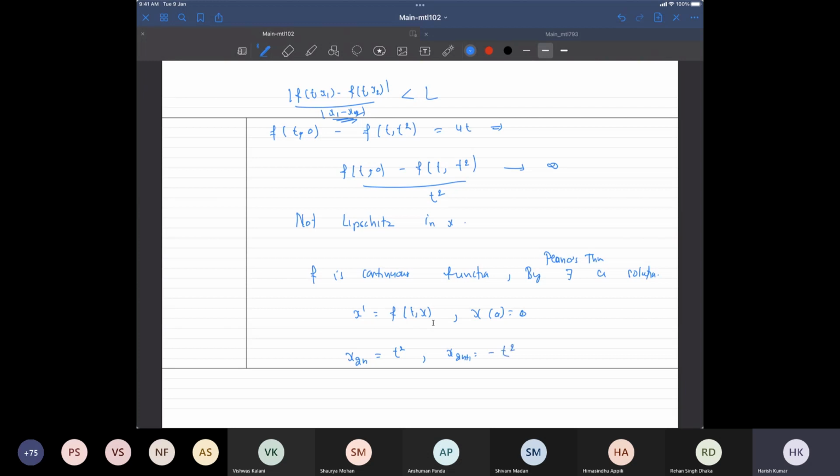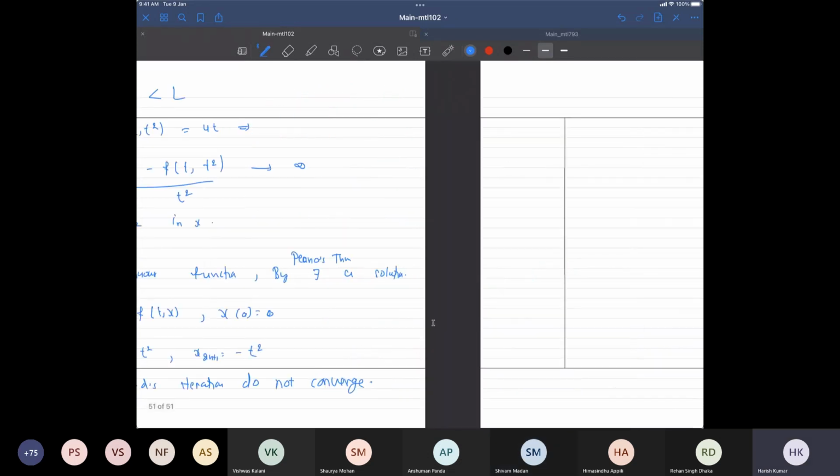So you can see that even pointwise they are not converging, so there is no hope that they will converge uniformly. So the Picard iterations do not converge. Okay, is this part clear? This you can check, you can just compute the Picard iteration.